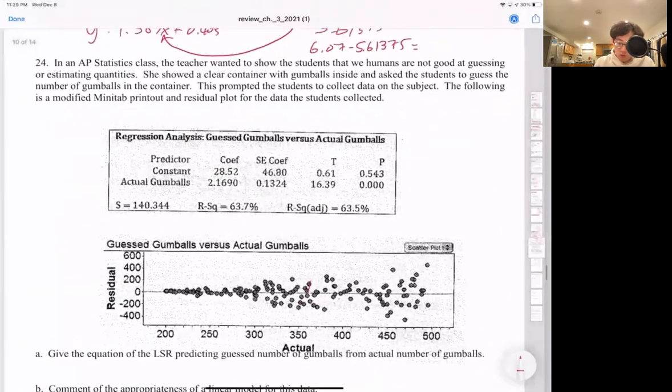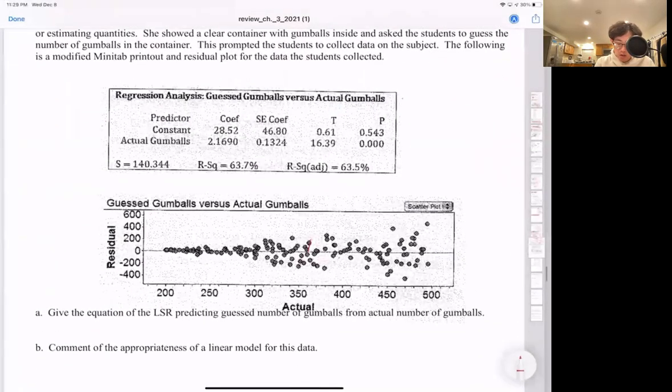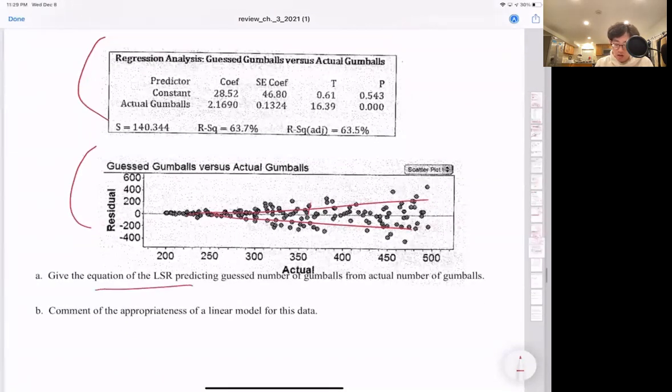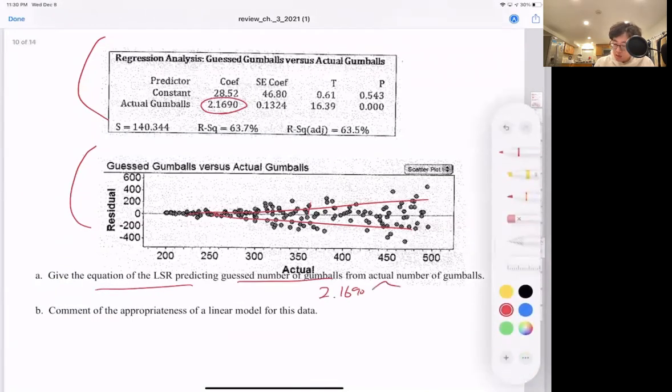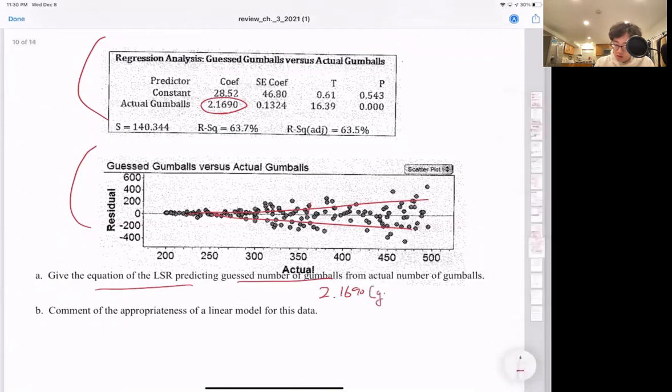All right, 24. So I have all these wonderful things. The residual shows me that there's some sort of a pattern here. So the linear model is not a good fit. Give the equation of the LSRL predicting the guessed number of gumballs. So that's a slope times gumballs. Oh, sorry, there shouldn't be a hat there.